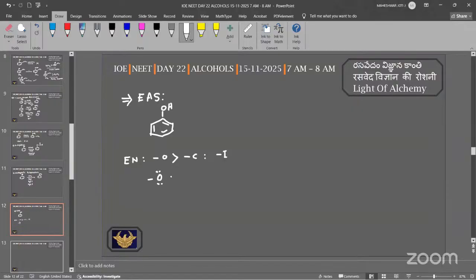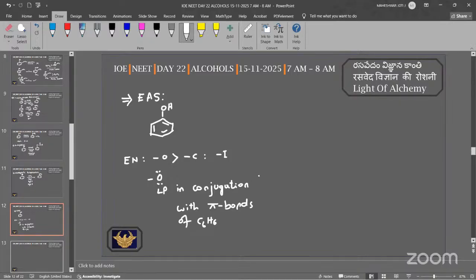These lone pairs are in conjugation with the pi bonds of benzene.